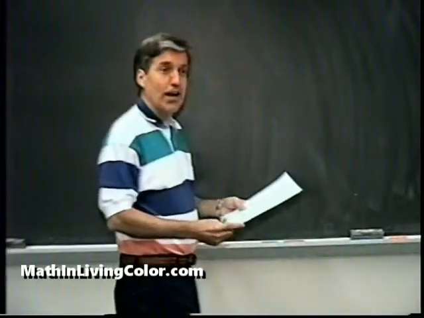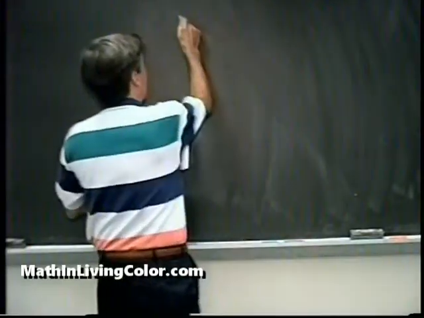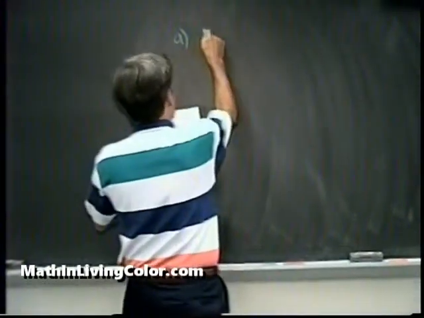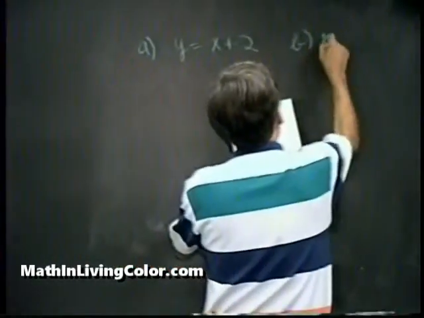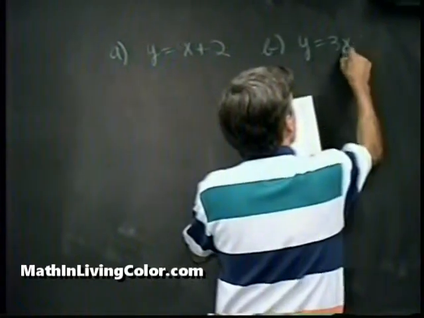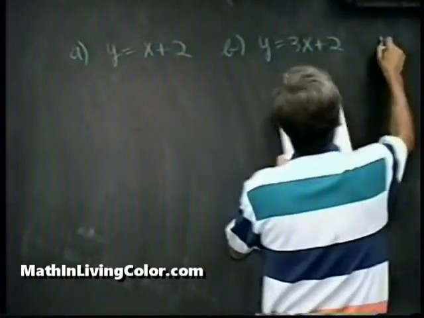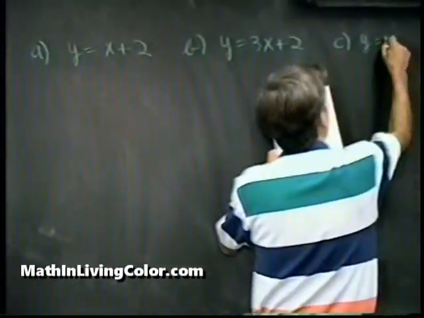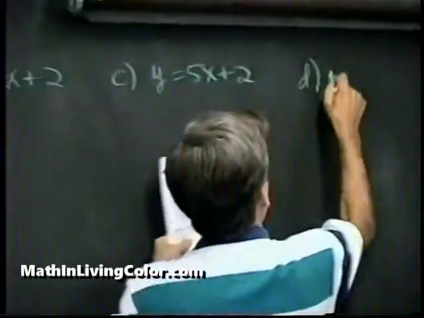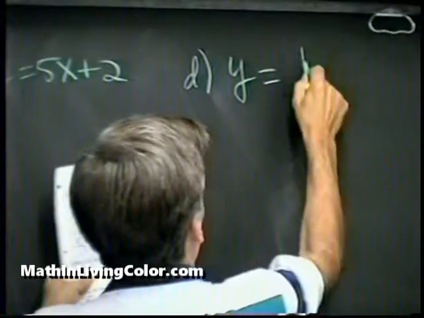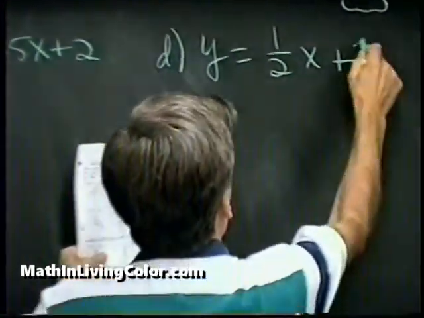Look at the handout. On the first page, the first equation says y equals x plus 2. The second equation says y equals 3x plus 2. The third says y equals 5x plus 2. The fourth says y equals 1/2 x plus 2.